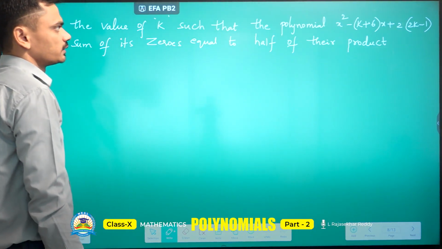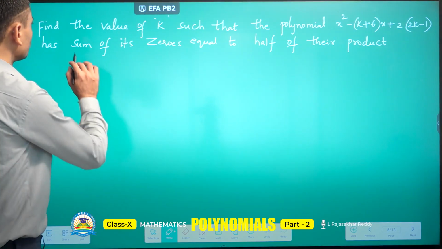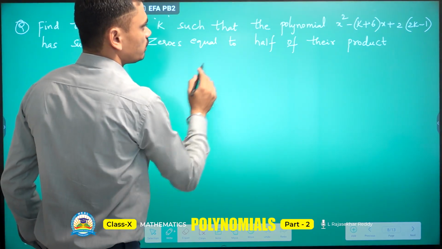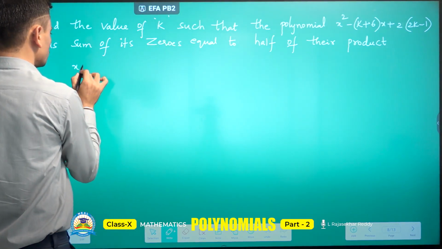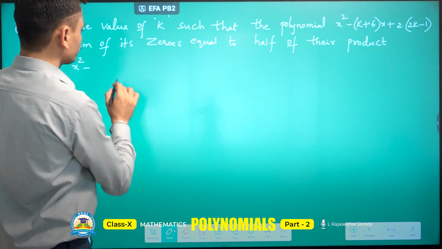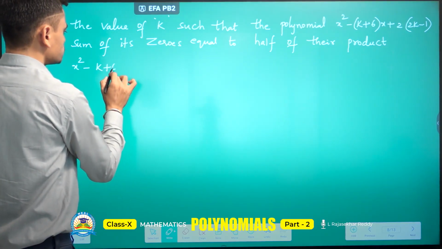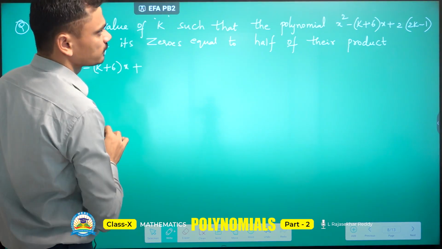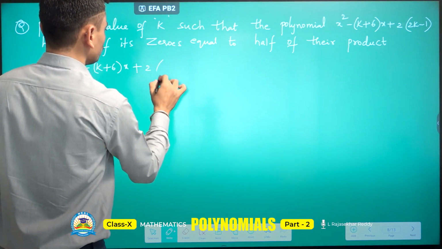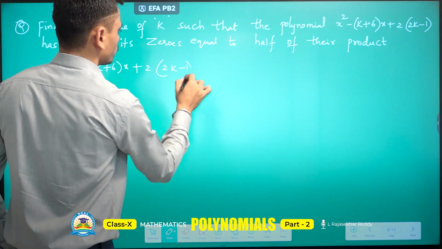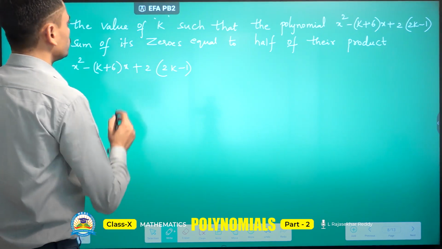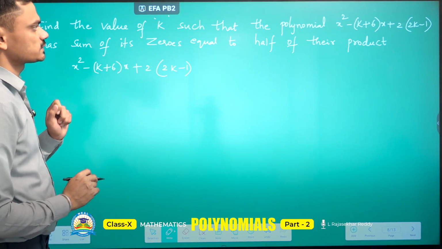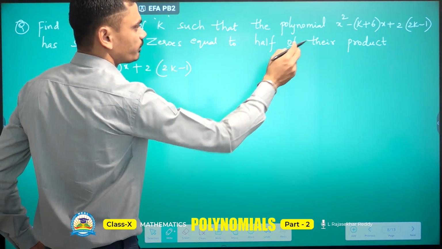Next, say one more question. Find the value of k such that the polynomial x square minus (k plus 6) into x plus 2 into (2k minus 1) has the sum of its zeros equal to half of their product.